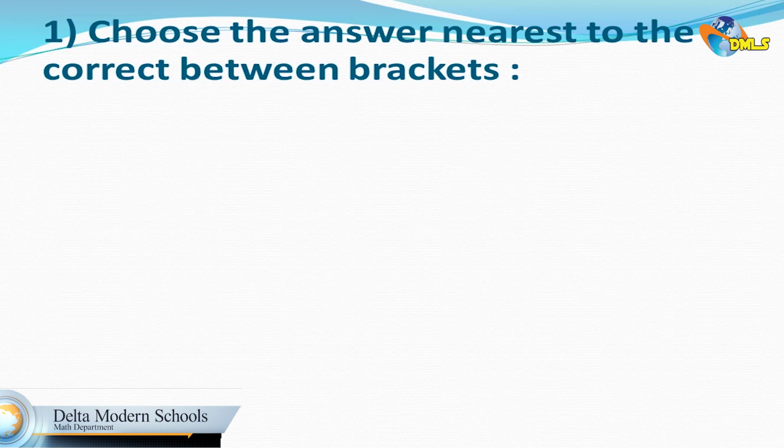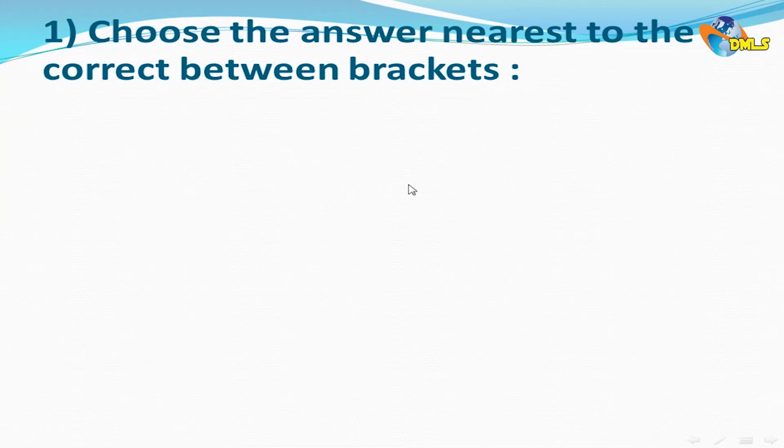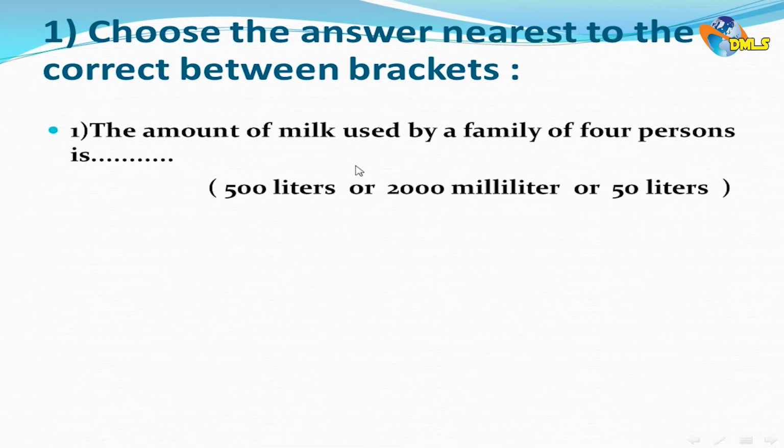Question number 1. Choose the answer nearest to the correct one. First one. The amount of milk used by a family of 4 persons is 500 liters, or 2,000 milliliters, or 50 liters. In this type of questions, we estimate the correct answer.